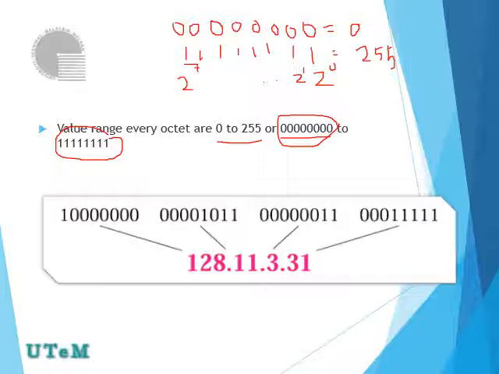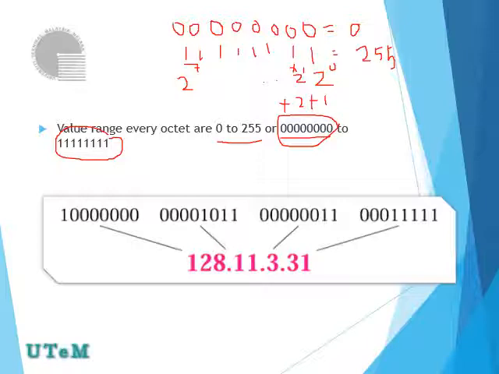So we have 2 to the power of 0, 1, 2, 3, 4, 5, 6, 7. It's 2 to the power of 7, not 8. If you calculate this, 2 to the power of 0 times 1 is 1, because 2 to the power of 0 is 1. 2 to the power of 1, 2, times 1 is 2. And then you add them together.